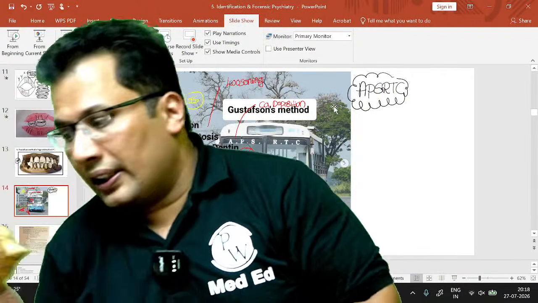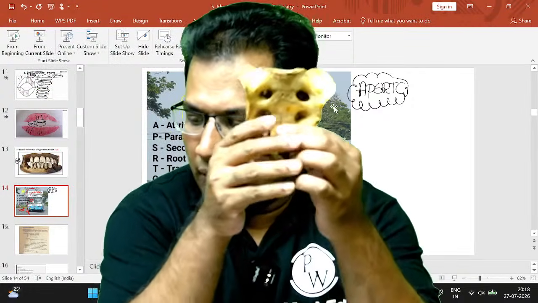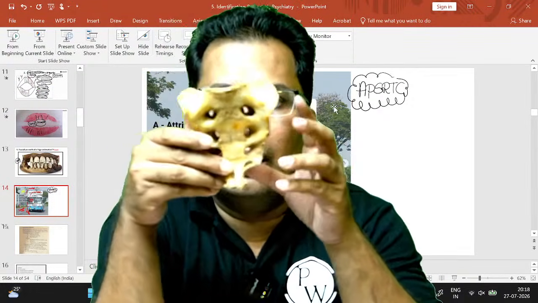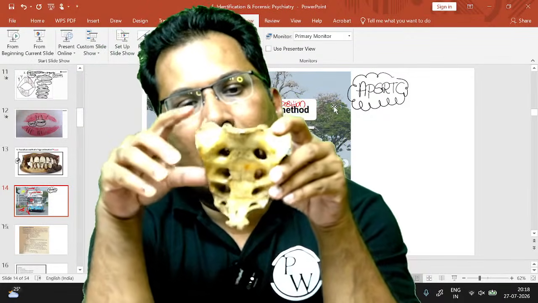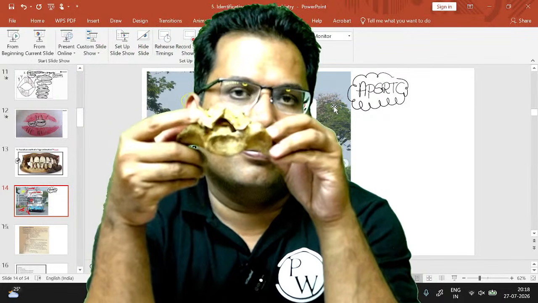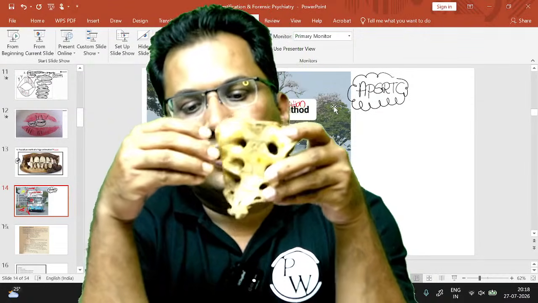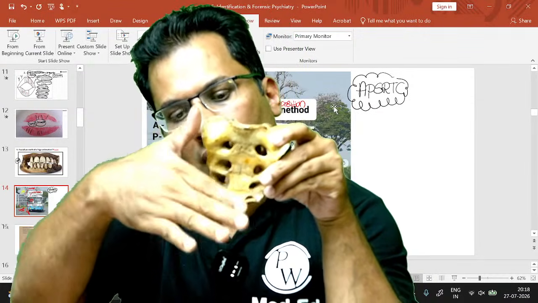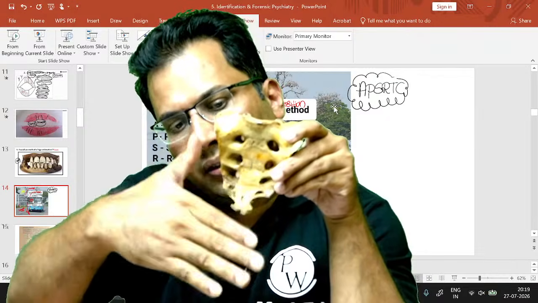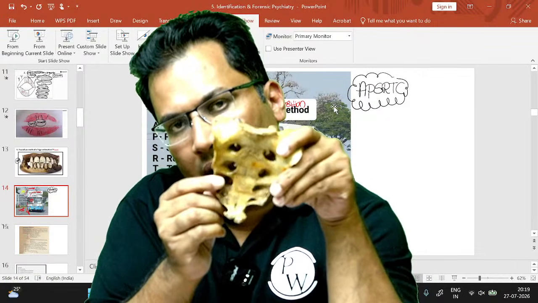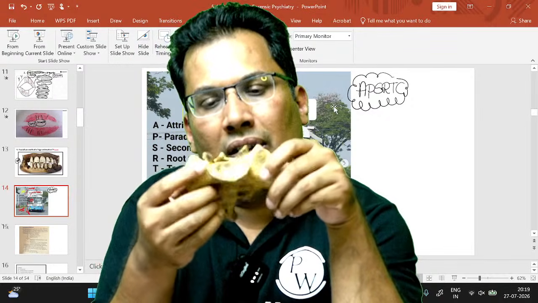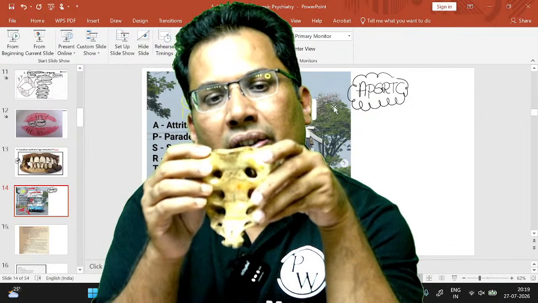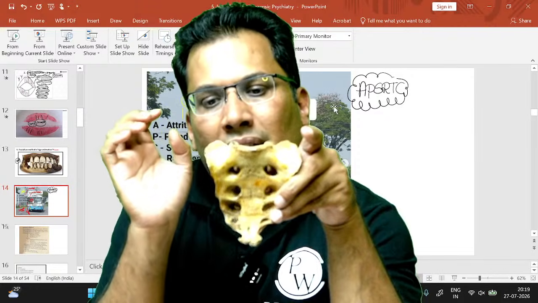So now I have one more bone today. Look at this. This is basically the sacrum. You can see here the sacrum. There is curving forward in the lower part. It curves forwards. Look at the ala. If you see here, it is 1:1:1.